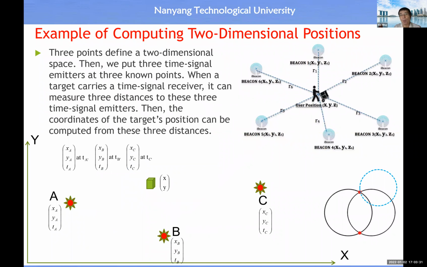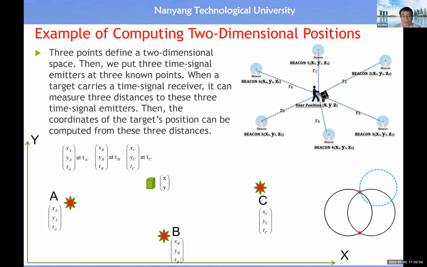Then, okay, so we are ready to come up with the solution to calculate, for example, position in a 2-dimensional space from the knowledge of the 3 distances, right? So in this case, assume in the 3D space we have 3 emitters placed at A, B, C, and each emitter will send information such as X coordinate, Y coordinate, and the sending time, right?